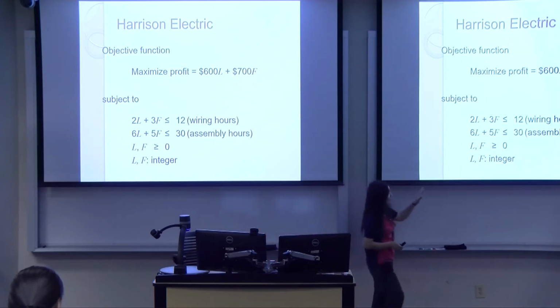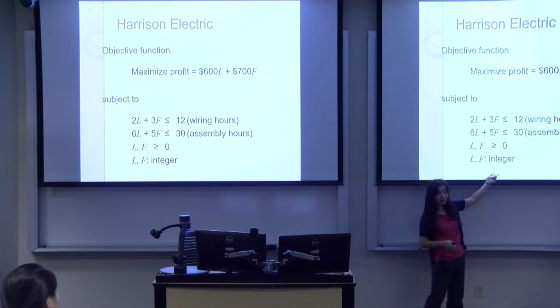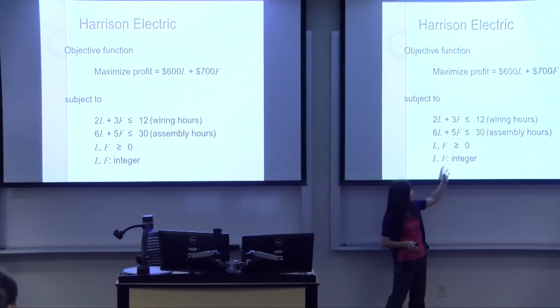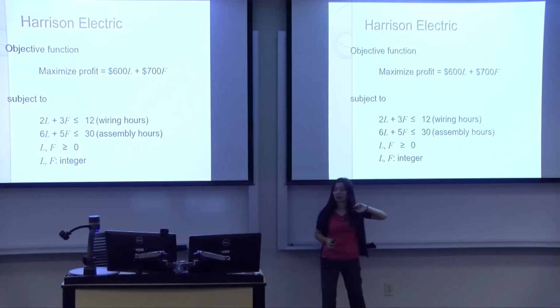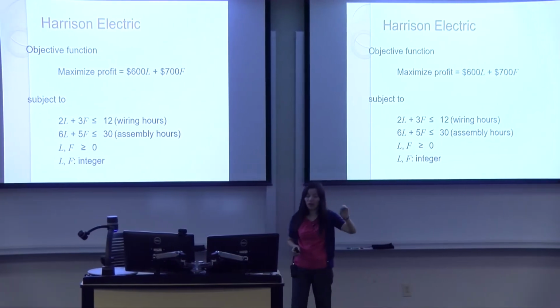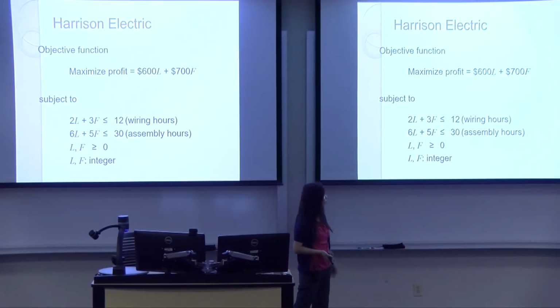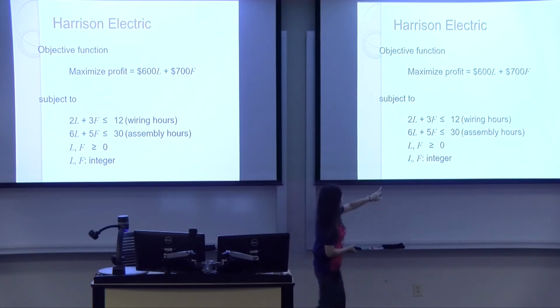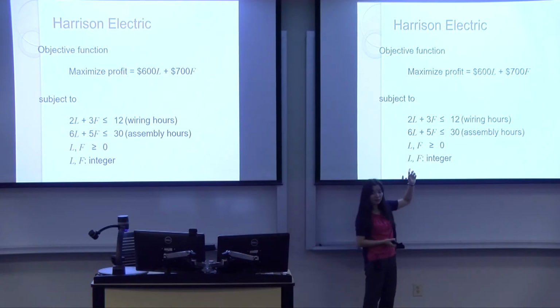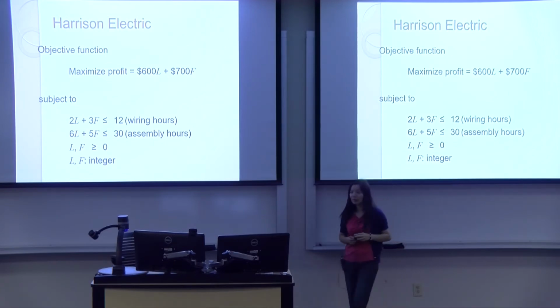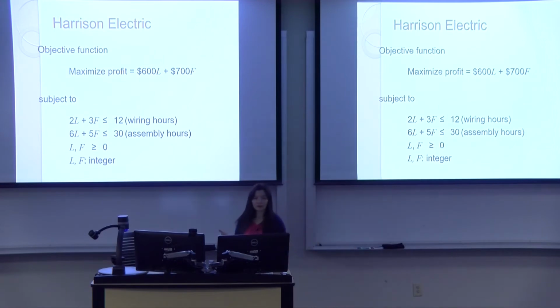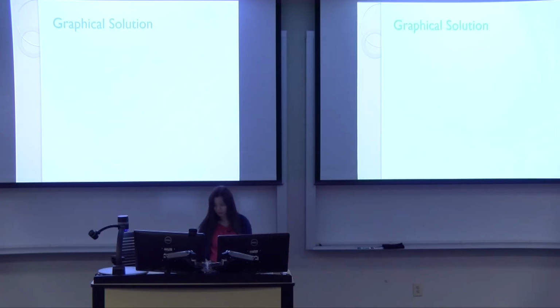But now you have to add this constraint as well. Both decision variables have to be integer. I'm not allowing, like, 1.5 or 2.5 lamps. So compared to the linear programming model, I have extra constraints, saying those 2 decision variables are integers. Okay? Clear? So that's the only difference.